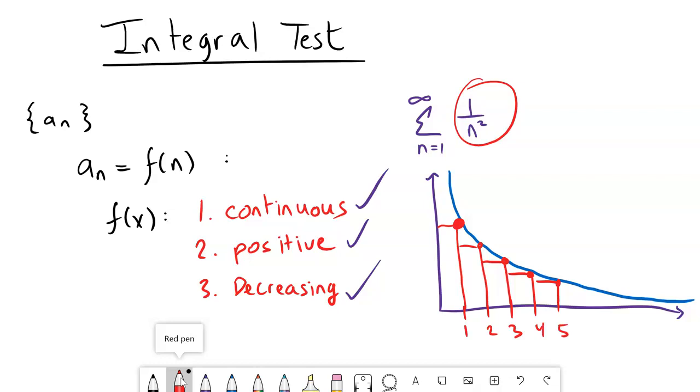Each has a width of 1 but a height of something else, right? I'm going to write the first couple terms. It's going to be 1 plus, let's see, if I plug in 2, it's going to be 1 over 4, and then 1 over 9, right? The rectangle has the same value as what it would be in the term, and then we just continue this process off to infinity, right?